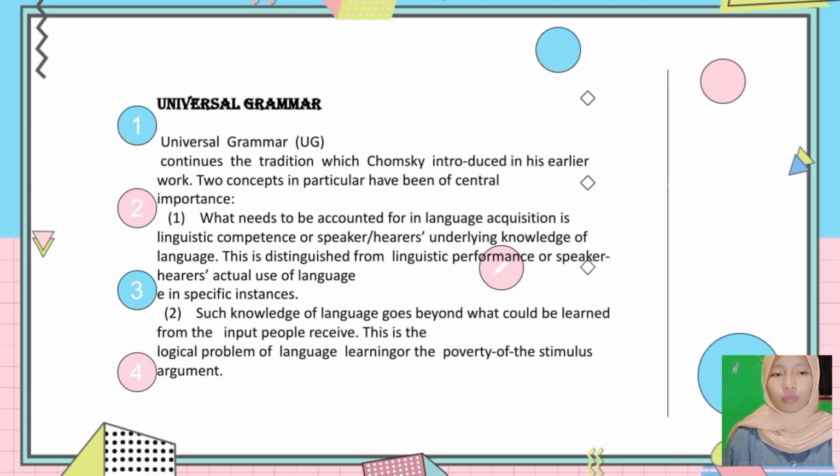This is distinct from linguistic performance, or the speaker-hearer's actual use of the language. And the second, such knowledge of language goes beyond what could be learned from the input people receive. This is the logical problem of language acquisition, the poverty of the stimulus argument.